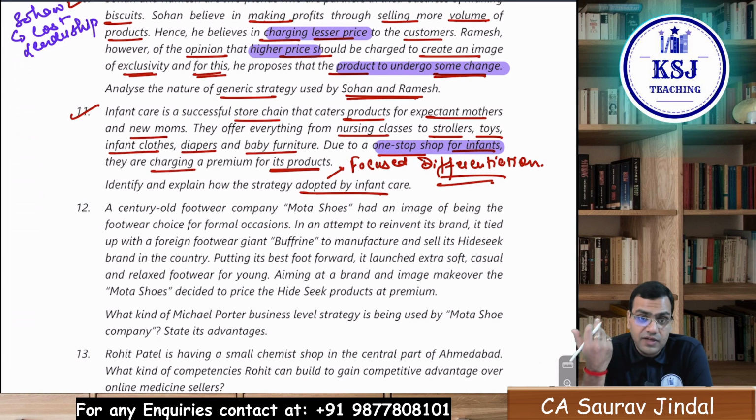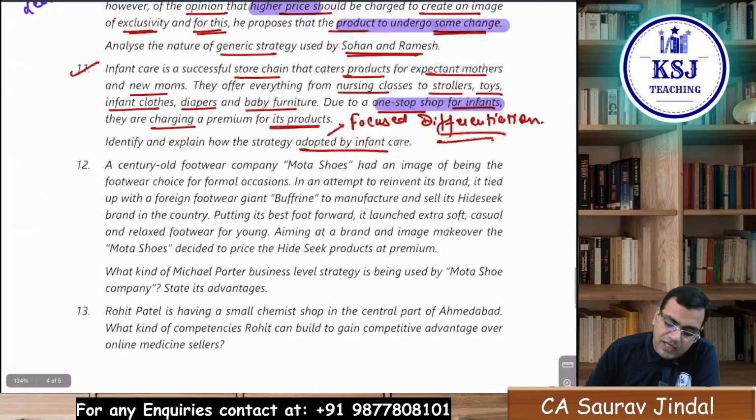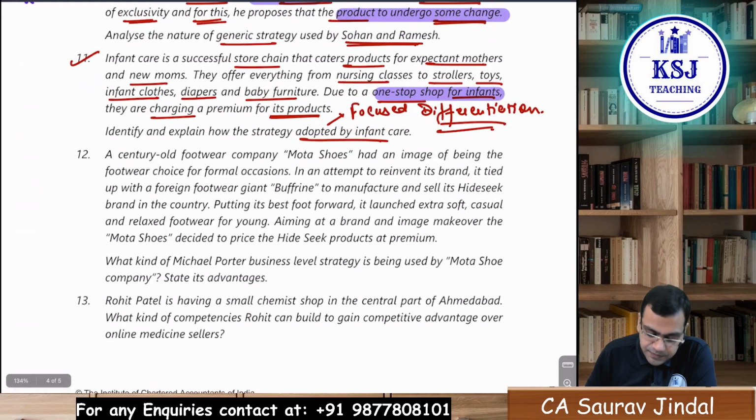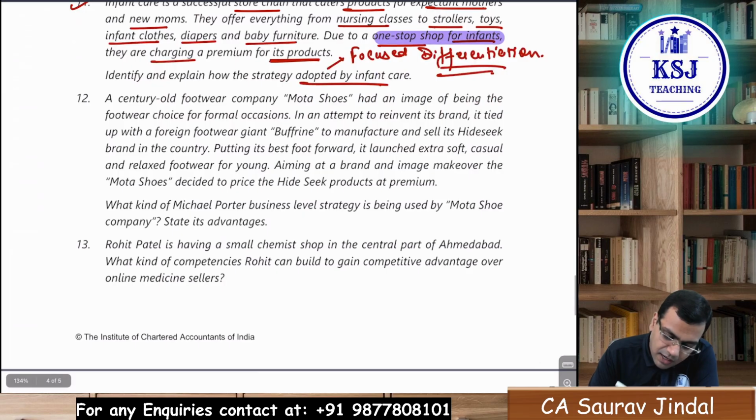And differentiating means they are providing a one-stop solution, different kinds of products for new mothers and infants. So it is a focused differentiation strategy that this company is following, right? So you'll write here focused differentiation instead of only differentiation. That is my viewpoint on this. Clear? Then you will explain the focus differentiation strategy. Let's come to the next one.